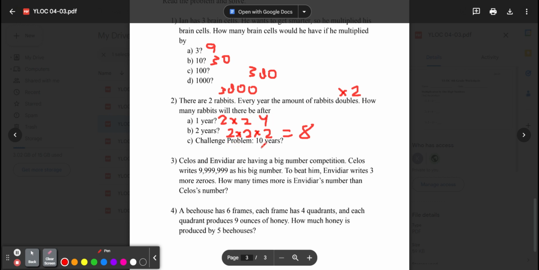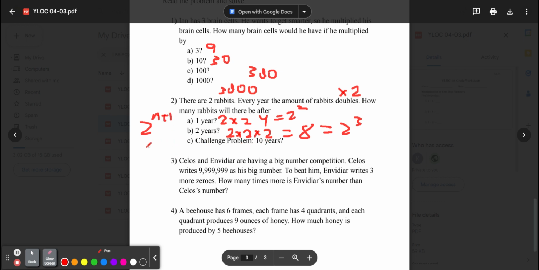And for this challenge problem, how many will there be after 10 years? Well, if you know exponents, which you probably won't at this age, you can see a pattern where this is equal to 2 to the 2, and this is equal to 2 to the 3. So basically, it's 2 to the number of years plus 1.